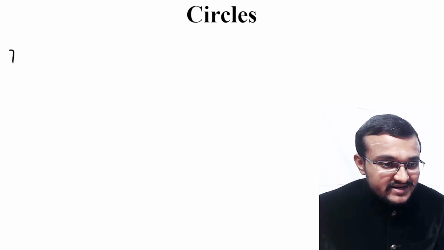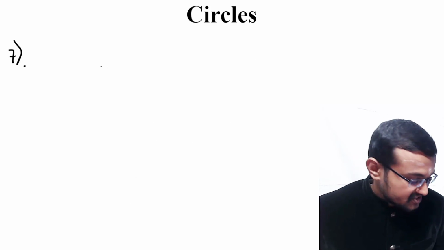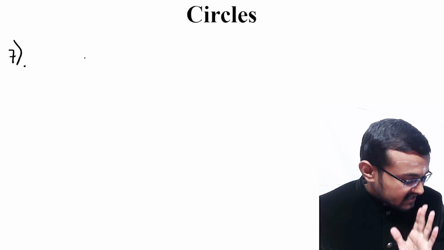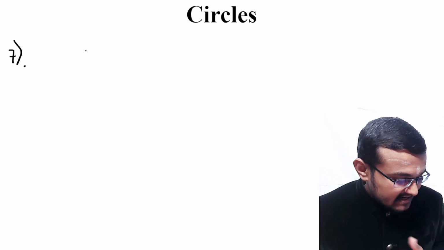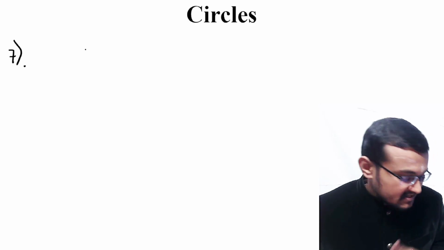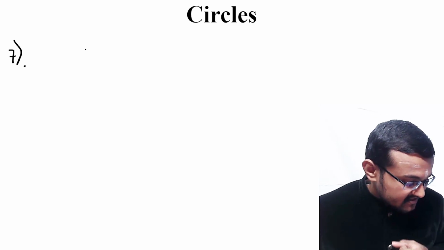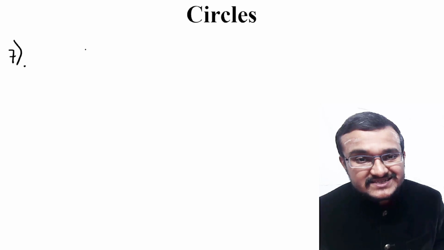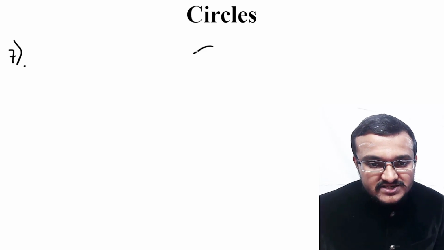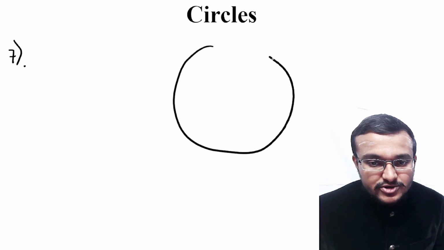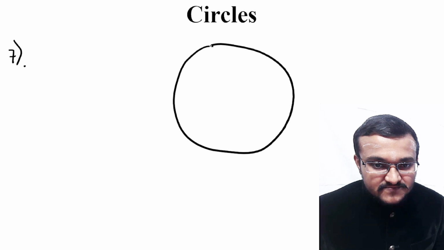Now we will move on to the next question, that is, the seventh question. Here, if the diagonals of a cyclic quadrilateral are diameters of the circle through the vertices of the quadrilateral, prove that it is a rectangle. First we will try to draw a circle like this.